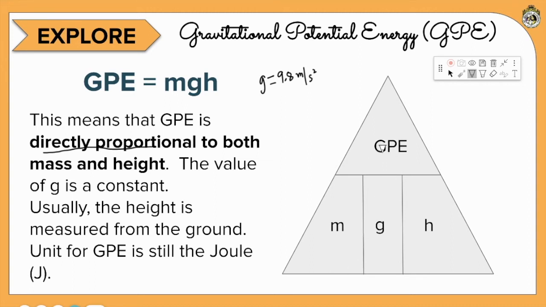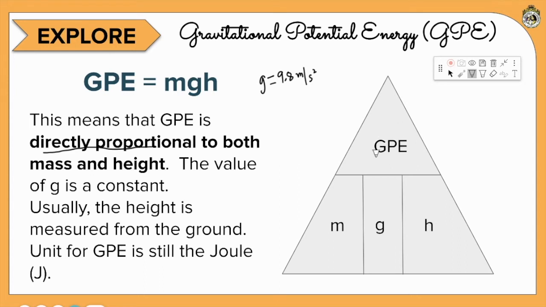If we are looking for the gravitational potential energy, that's easy. We just multiply all of the quantities at the bottom, so mass times g times height. But what if we are looking for mass? Then we divide gravitational potential energy by g, and then we also divide by h.